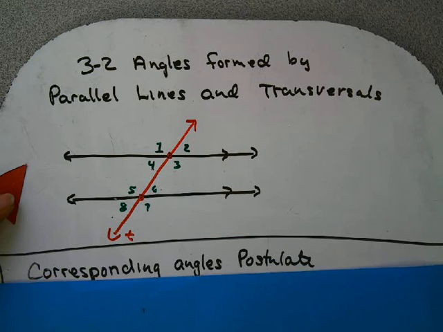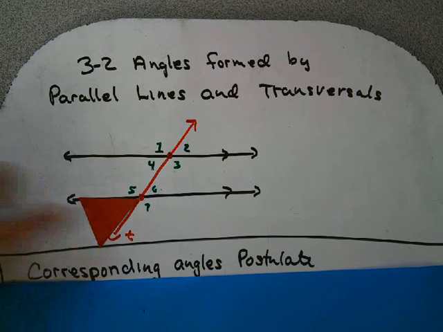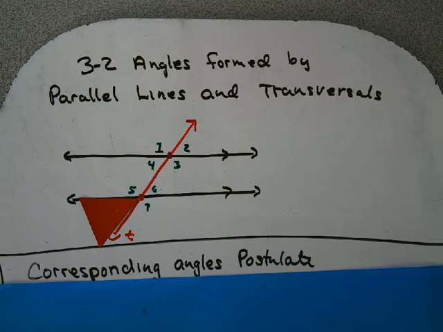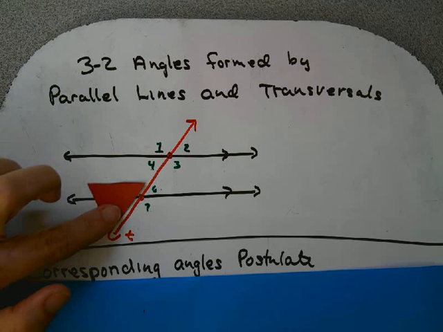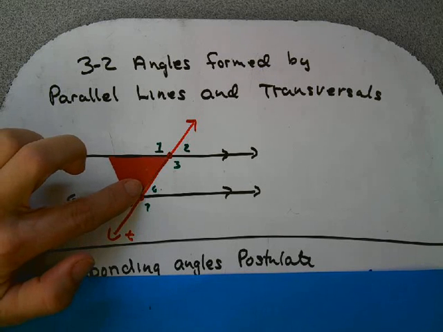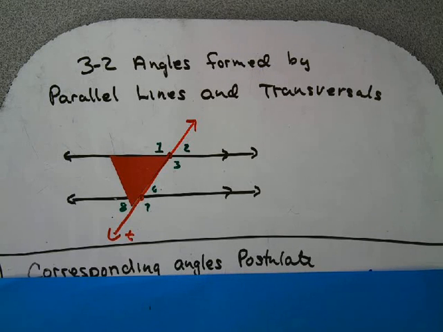It's a new term for you. Corresponding means this. Notice if I cover up angle 8, I can fit that little triangle right in there. And if I slide it up the parallel line, notice angle 4 is exactly the same measure.